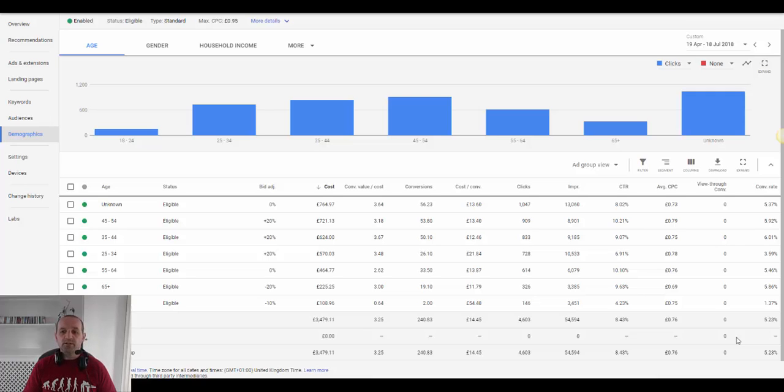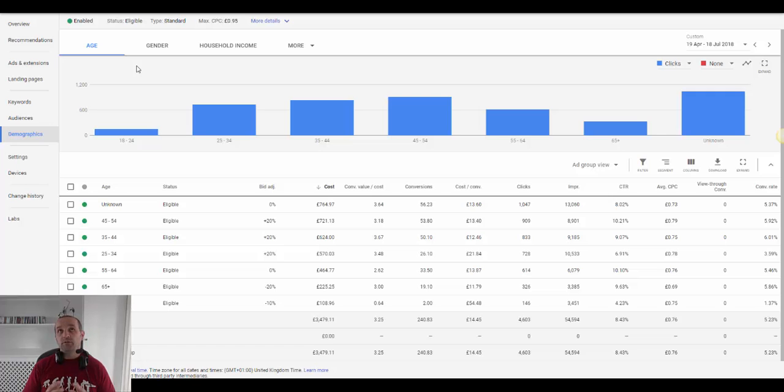So where can you find this demographic bid data? I'm in a campaign and I'm actually looking at a specific ad group. Something to understand is that you can apply bid adjustments to demographic data either at campaign level or at individual ad group level.